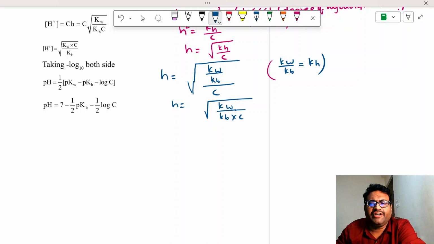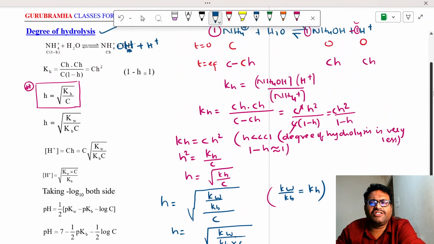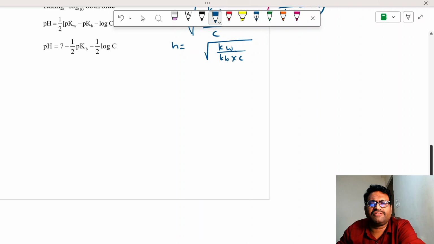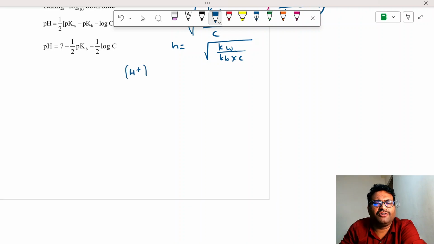In this hydrolysis, H plus ion concentration is equal to C into h.